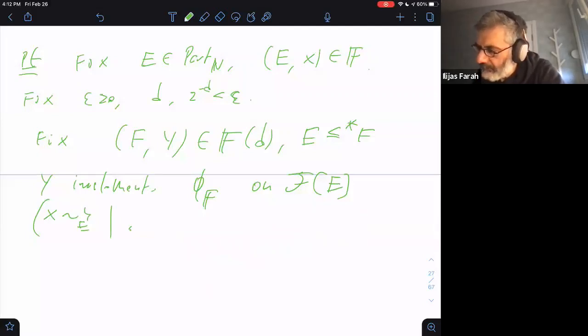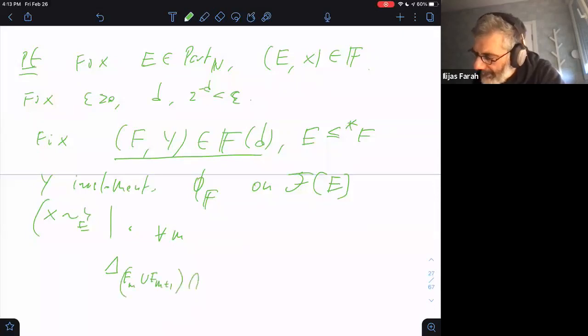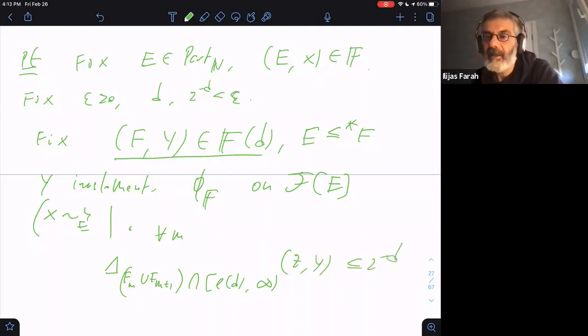Because Fy belongs to Fd, for every m the following is true: delta of Fm union Fm plus 1 intersected with LD infinity of z and y is less or equal than 2 to minus d.